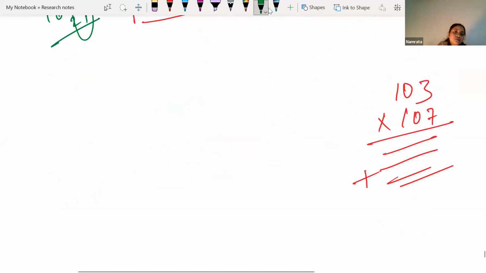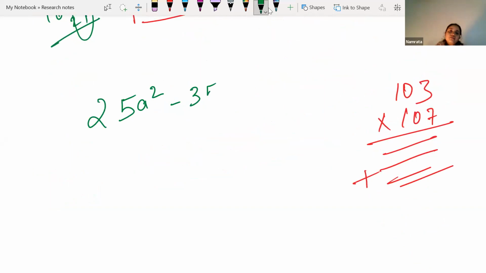How to factorize this one? 25a square minus 35a plus 12.